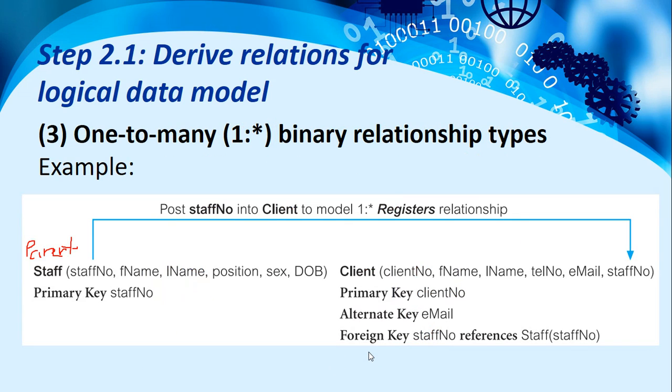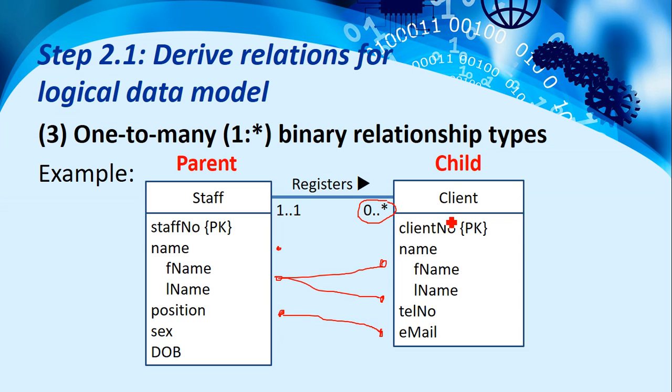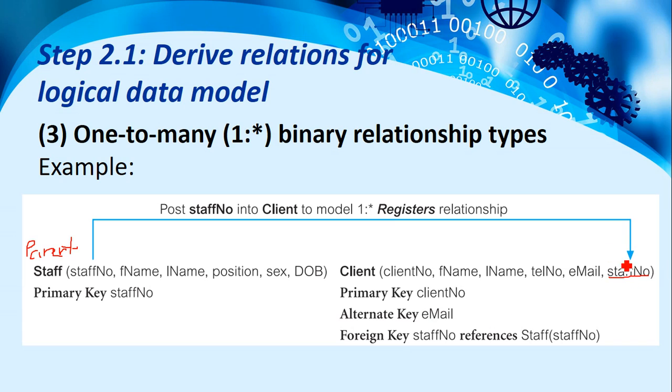That's what happened here: the staff number, which is the primary key for staff, was copied to this client. So although originally the client doesn't have the staff number, it was added. And this one right here is our foreign key.